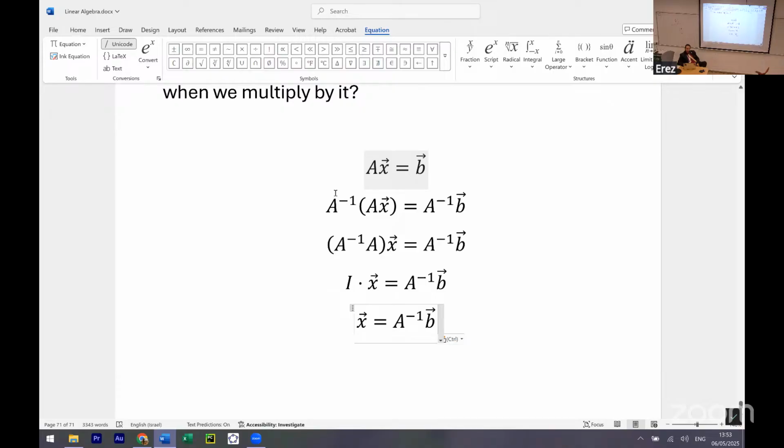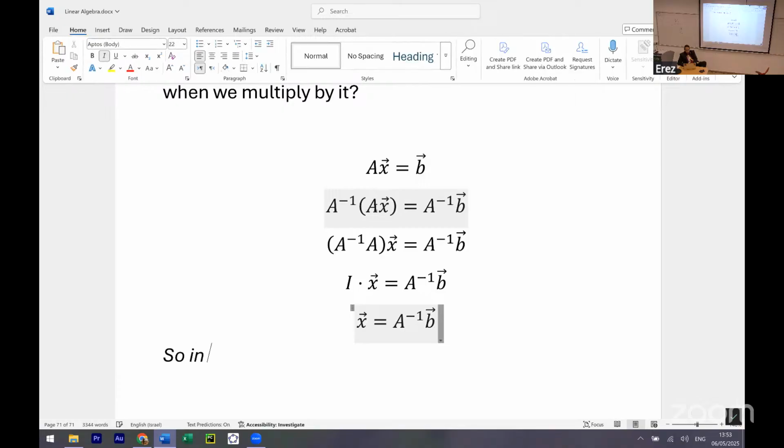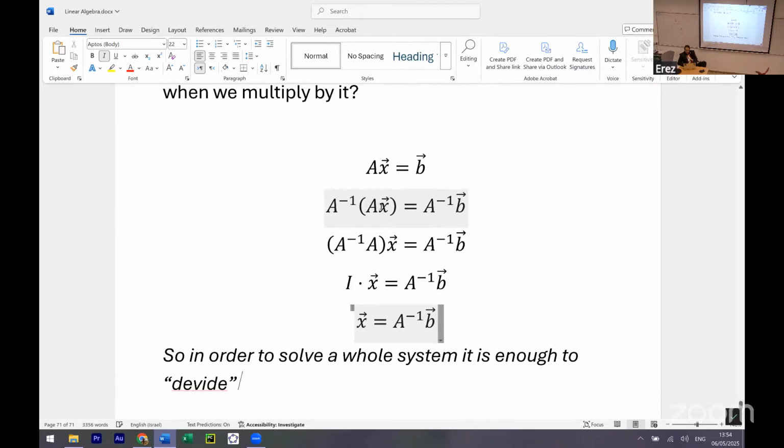But the idea here is that in order to solve the whole system, it is enough to so-called divide by the coefficients matrix.